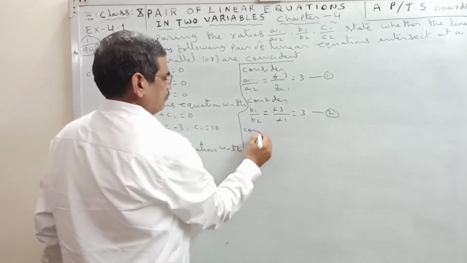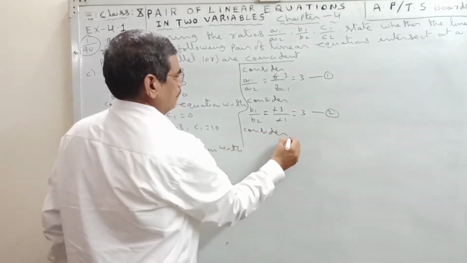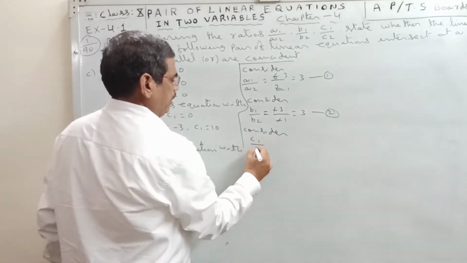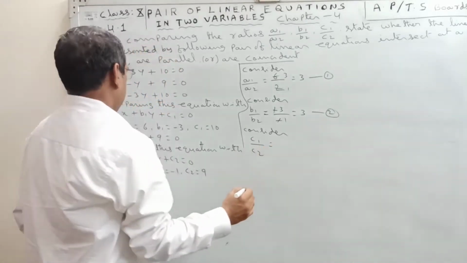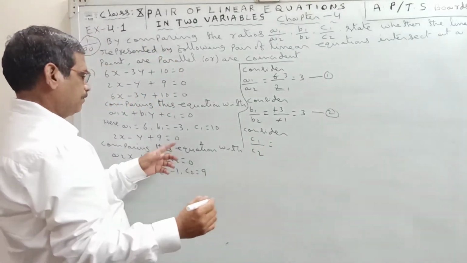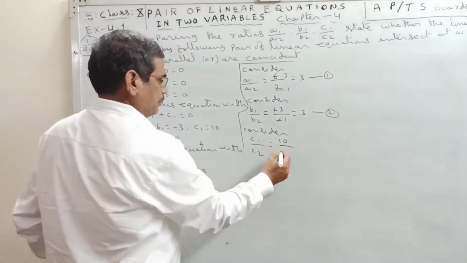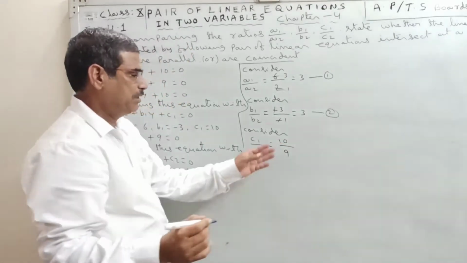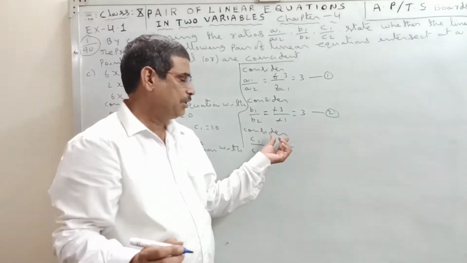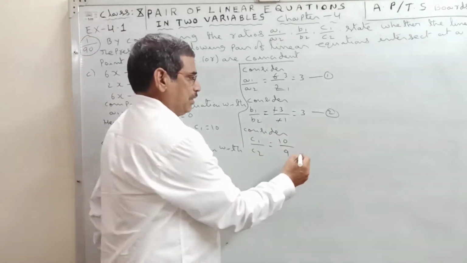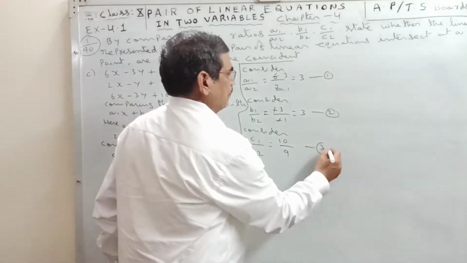Consider c1 by c2. The value of c1 is 10 and the value of c2 is 9. Is there any common table? No, it will not cancel. So simply I am writing 10 by 9. This is 3.